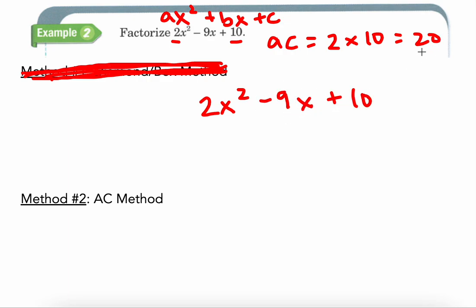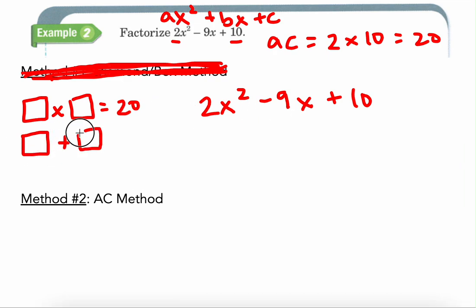We found that the product of A and C was 20. So I am going to do the same thing as I did before with my diamond box method. I'm going to look for two numbers that multiply together to get to 20, but then add to get to negative 9. Okay, so far, same thing.